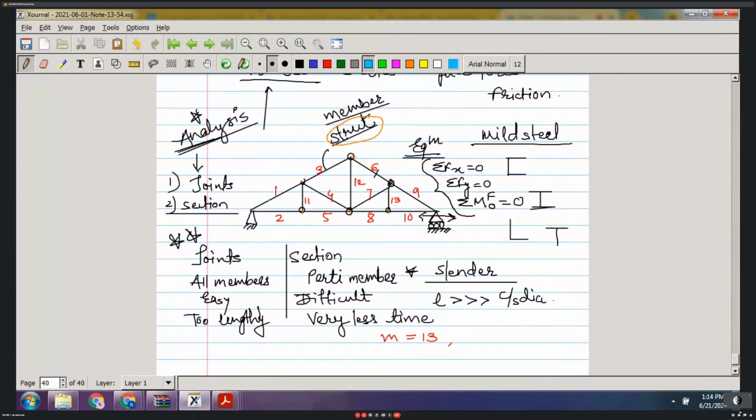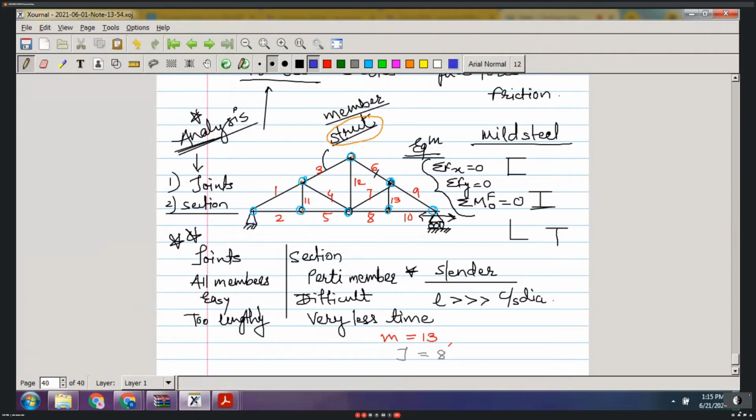Now I will number the joints. 1, 2, 3, 4, 5, 6, 7 and 8. How many joints are there? 8. Okay. This is a hinge support.